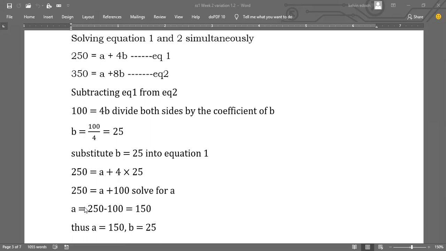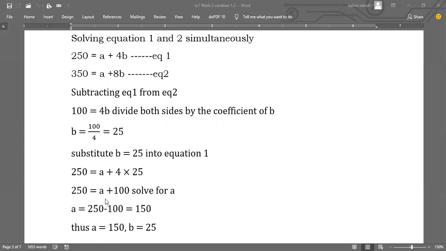What's equation 1? 250 equals a plus 4 times b. And what is b? 25. So you have 250 equals a plus 4 times 25, which is 100.